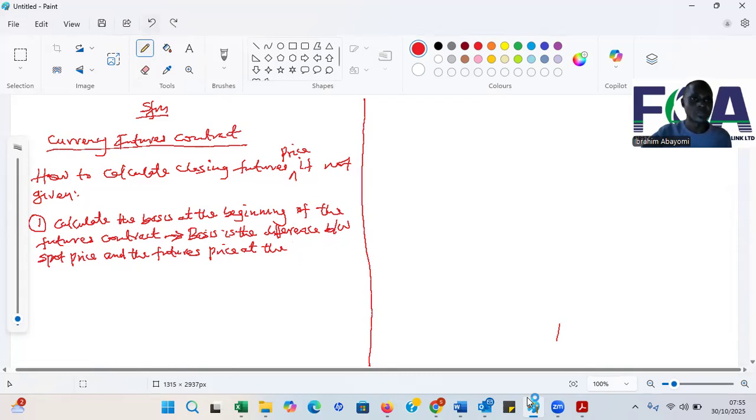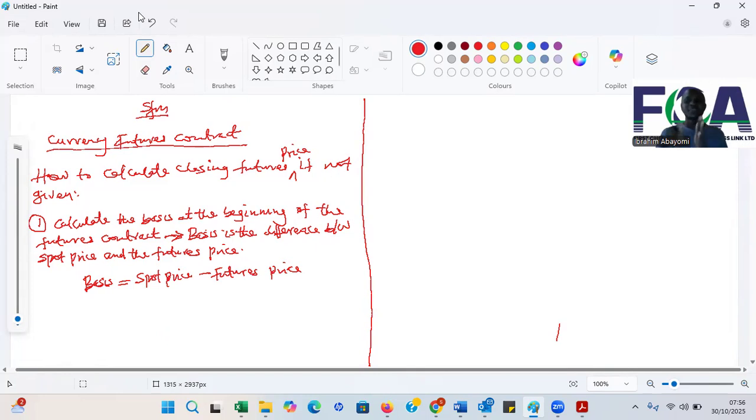The difference between the spot price and the futures price is basis. Now, we can say basis is equal to spot price minus futures price.